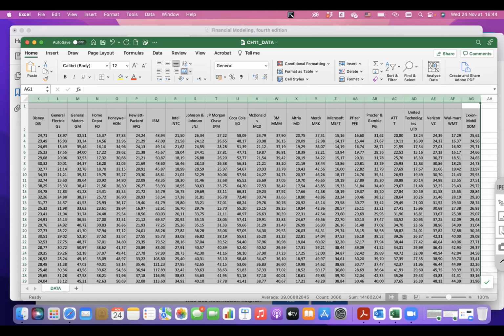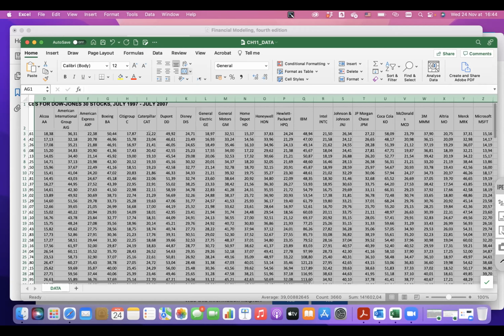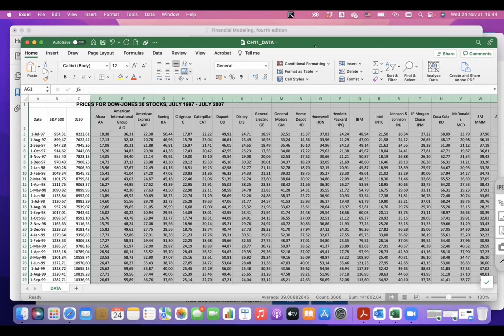Then your second task is to make the individual regression of each one of these stocks on the S&P 500 index. Alcoa with S&P 500, AIG with S&P, AXP with S&P, Boeing with S&P, Citigroup, Caterpillar, and so on.